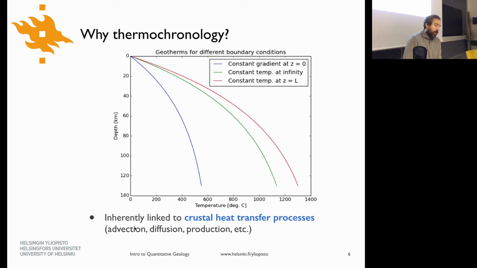So these are things that we've already seen. Obviously, we've seen the advection equation in the case of river erosion with the stream power erosion law. The diffusion equation came up when we looked at hill slope diffusion, but these both are used as well for heat transfer in the crust.